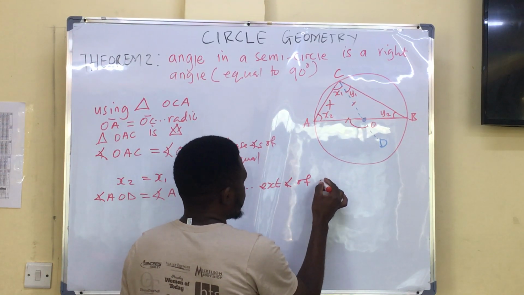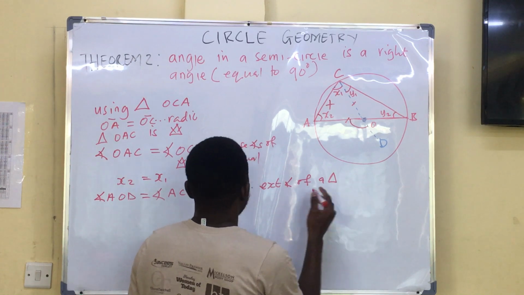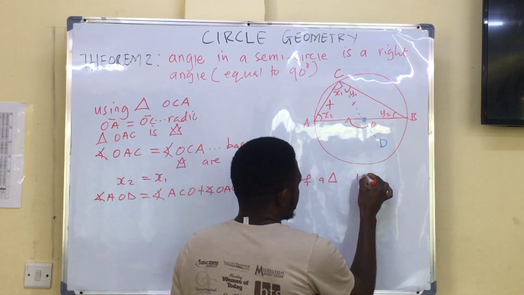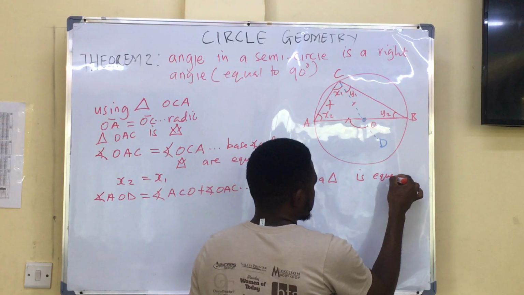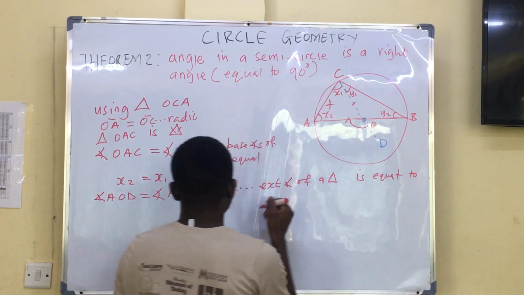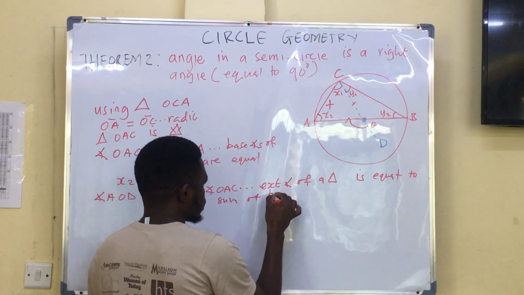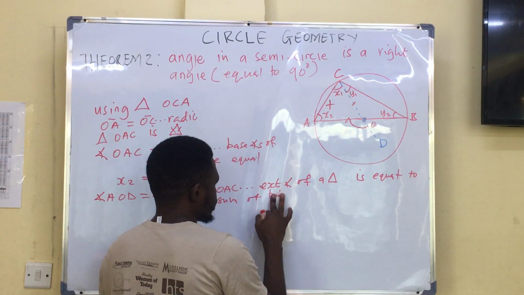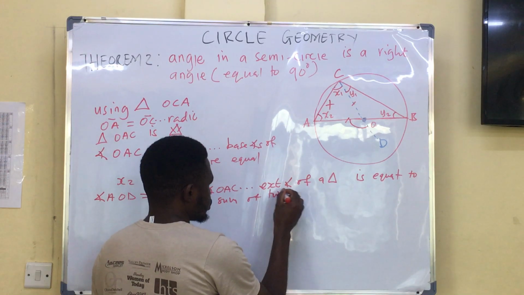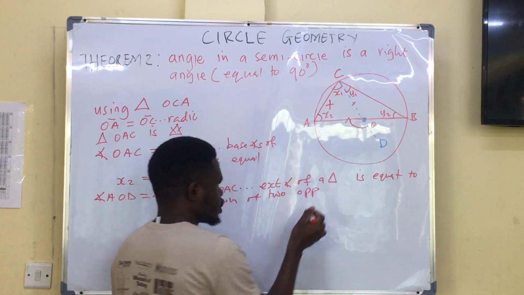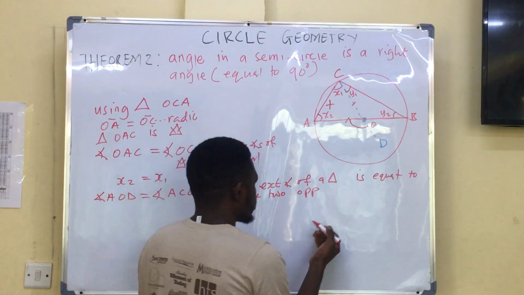So the reason here is: exterior angle of a triangle is equal to the sum of two opposite interior angles. This one means opposite.